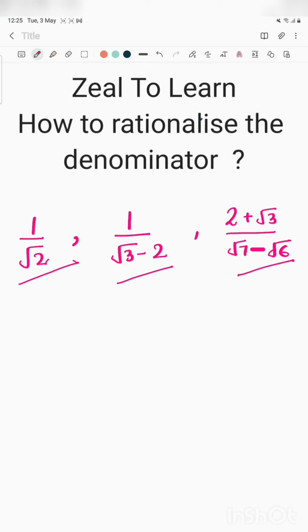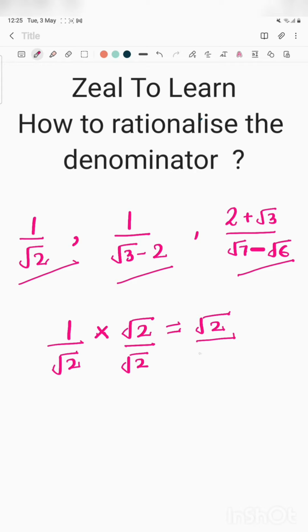For example, rationalizing 1 upon root 2. What happens if we multiply 1 upon root 2 by root 2 upon root 2? See what will happen. In the numerator you have 1 into root 2, which will be equal to root 2 again.